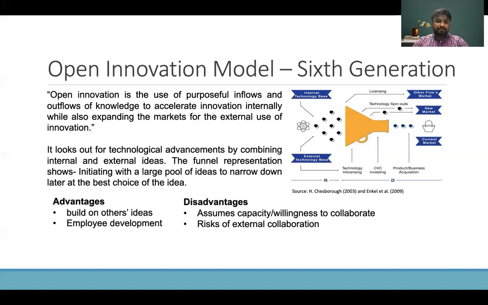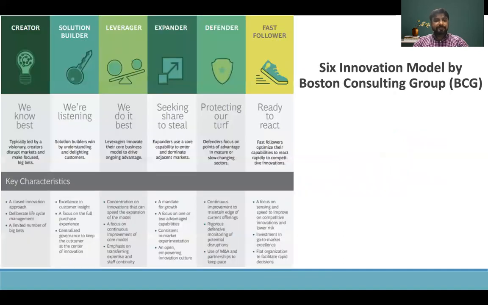And obviously, there is a risk of external collaboration. You can lose your property rights, or you can lose your ideas. So next, we will go through the six models identified and developed by the Boston Consulting Group.